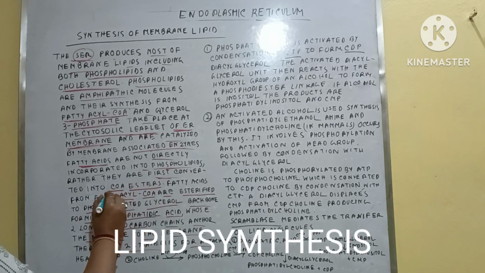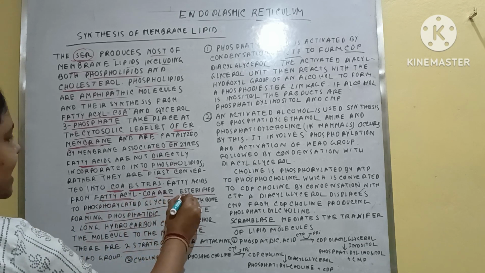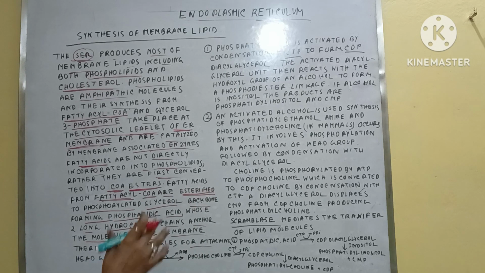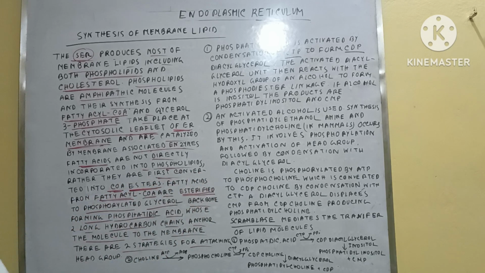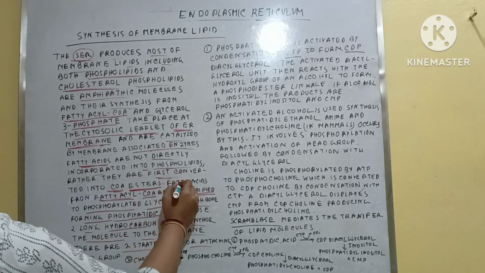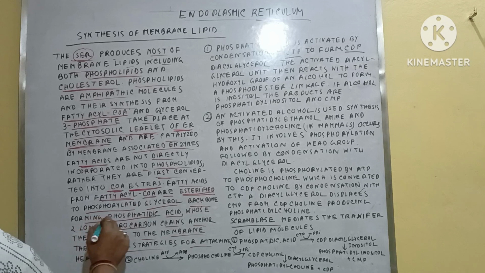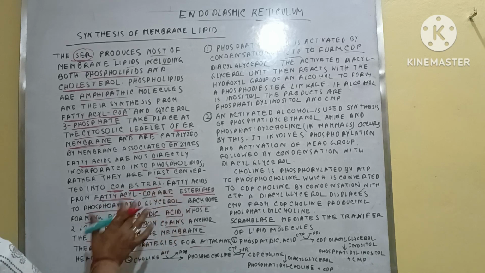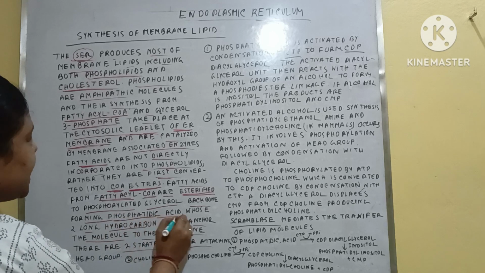First they are converted into CoA esters, that means fatty acyl CoA are esterified, to the phosphorylated glycerol backbone, forming phosphatidic acid.